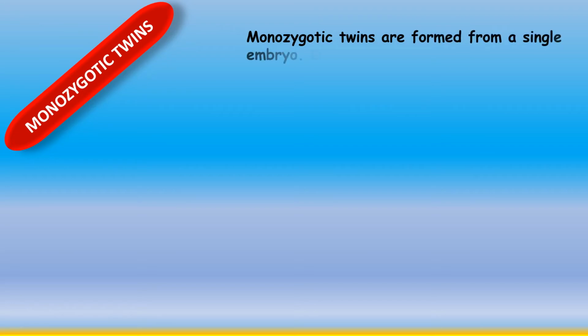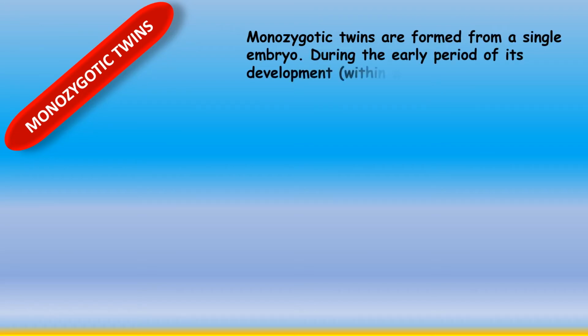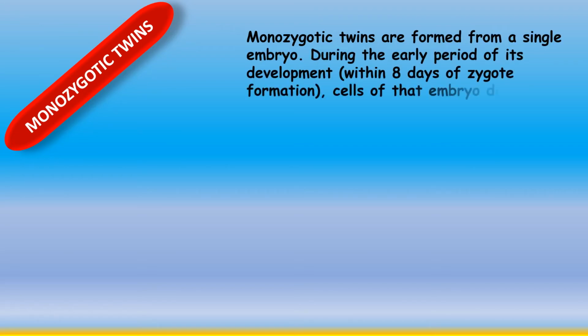Monozygotic or identical twins are formed from a single embryo during the early period of its development, that is within 8 days of the zygote formation. Cells of that embryo divide into two groups. Now we have fertilization of oocyte and male gamete. There is a zygote which is formed due to that fertilization.